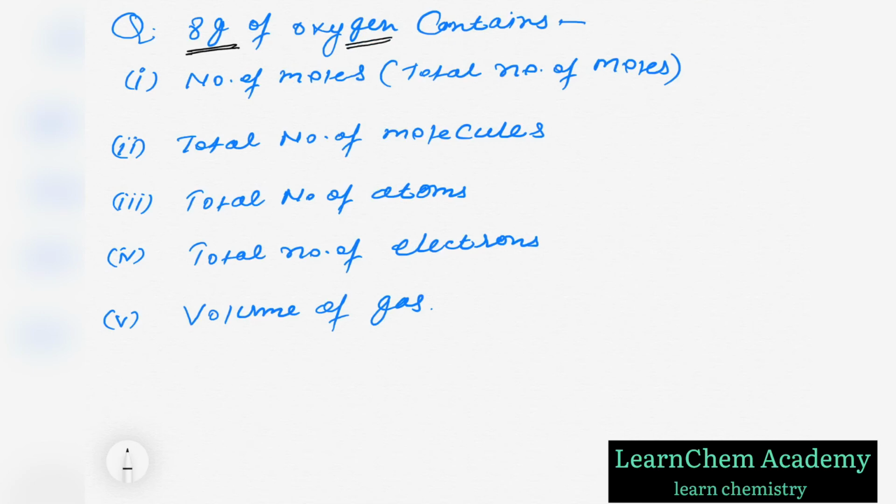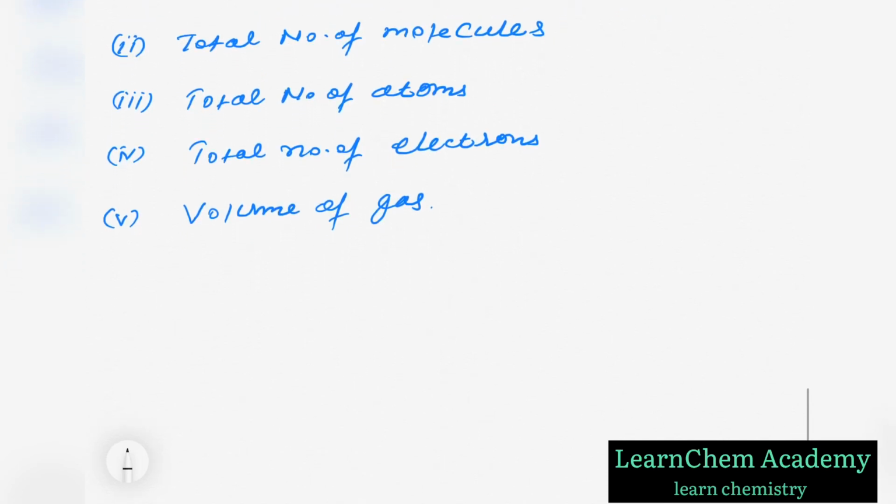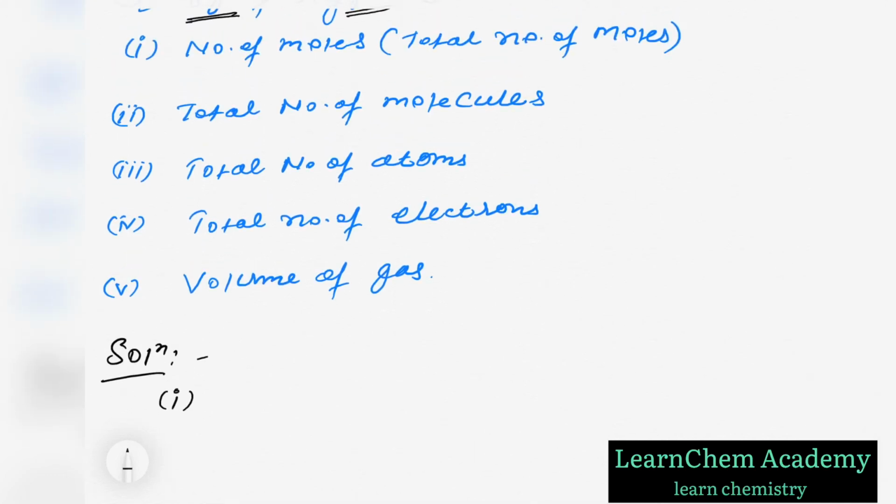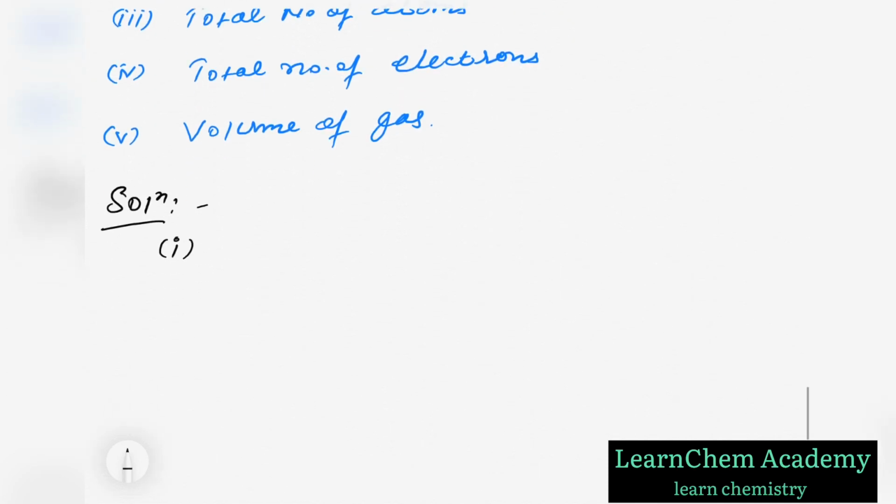If he says about the oxygen atom, in that case only we have to take single oxygen, otherwise we have to take O2 in respect with oxygen. Okay, so our first question is number of moles, or we can say total number of moles.